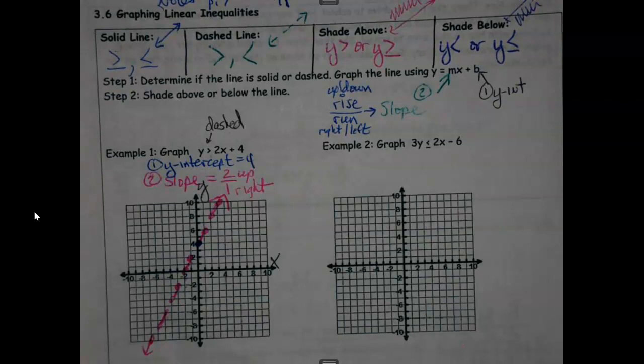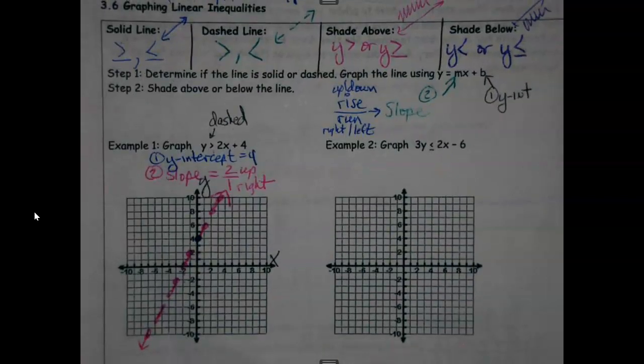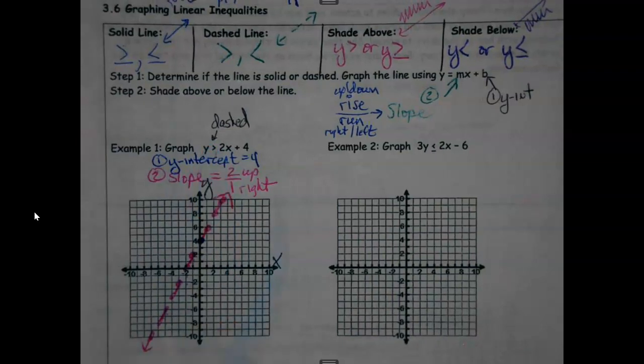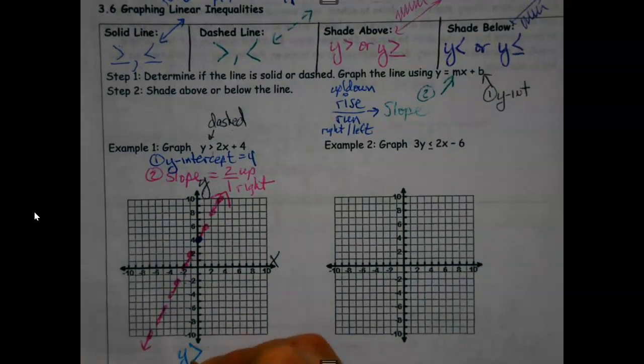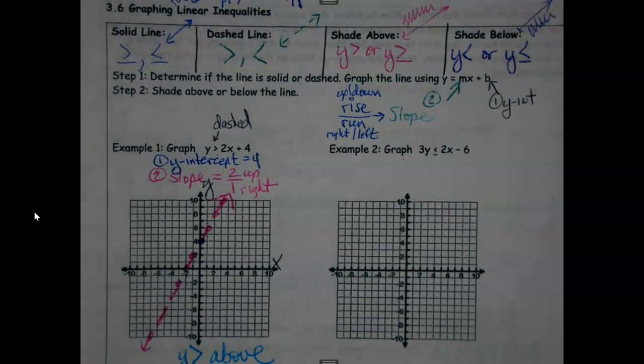So check there. And then my last job is to shade above or below the line. So I look up here and I'm like, hey, y is greater than. When y is greater than, we shade above the line. You're like, okay. So let's say sometime I'm not sure, like, what does above mean?